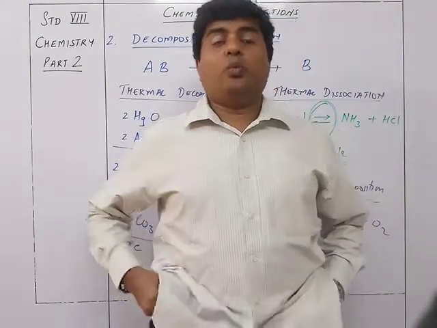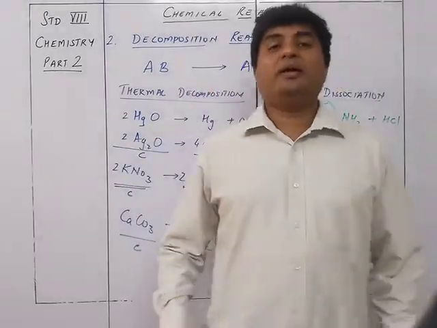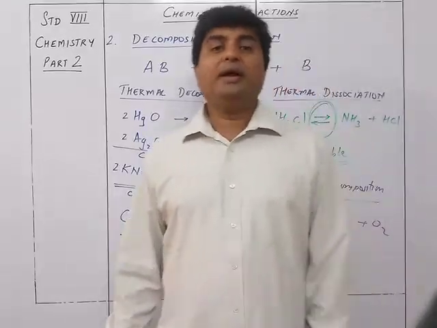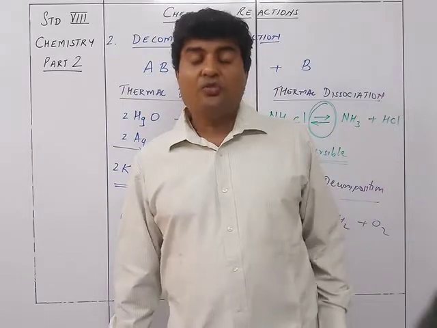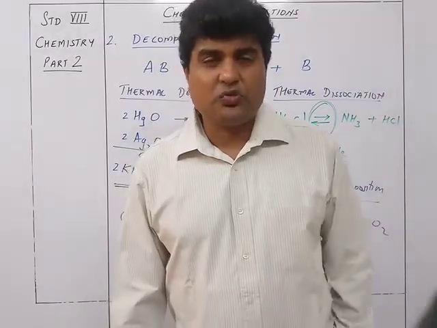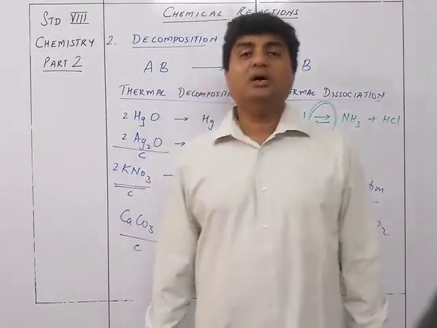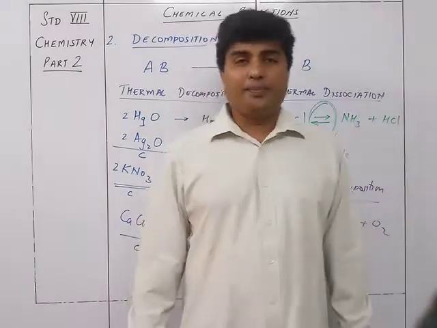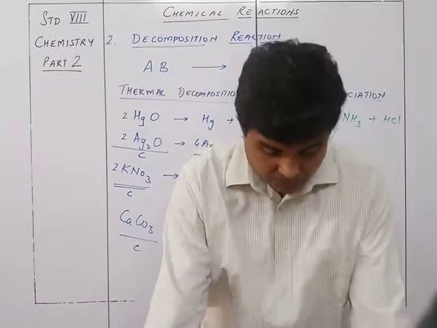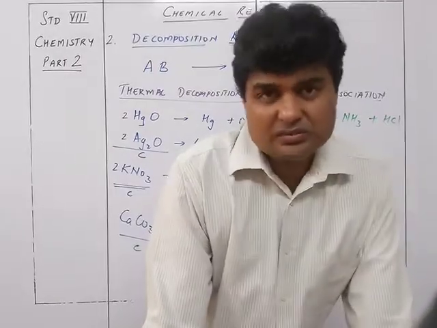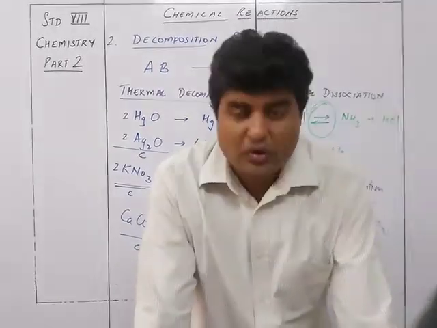That means when light falls on it, it decomposes into two parts, and that is called photochemical decomposition. So silver salts decompose when they come in contact with sunlight.